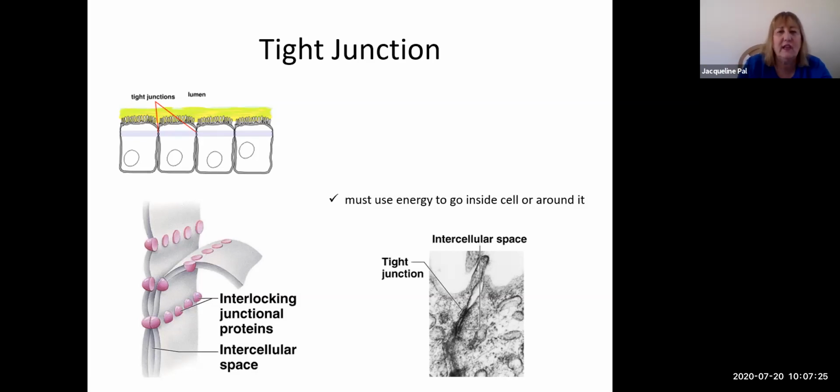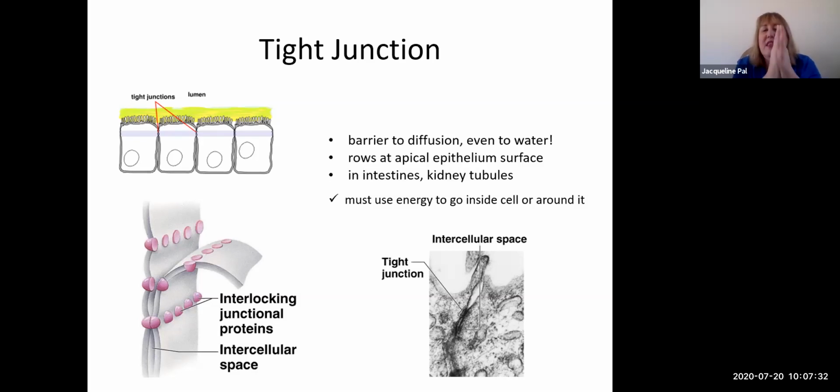There's a multitude of layers to prevent things from going through. So nothing gets through, including water. So no diffusion, nothing. So in places where we want to keep liquids from going through, for instance, like your intestines or your kidneys, we would find lots of tight junctions.